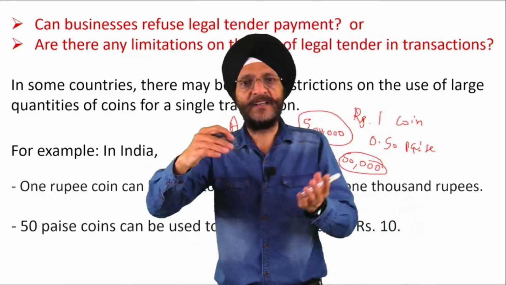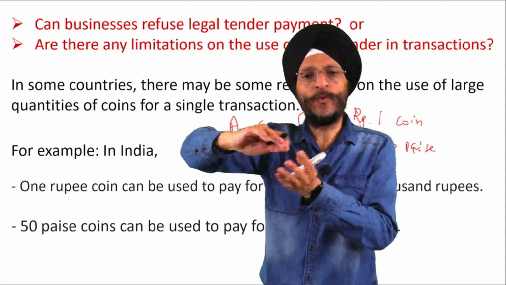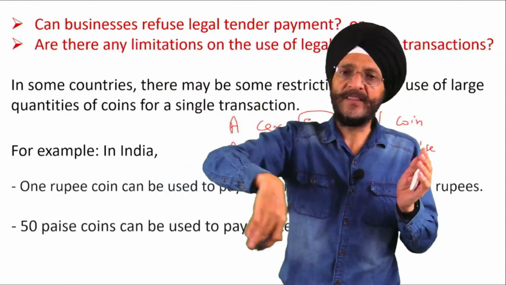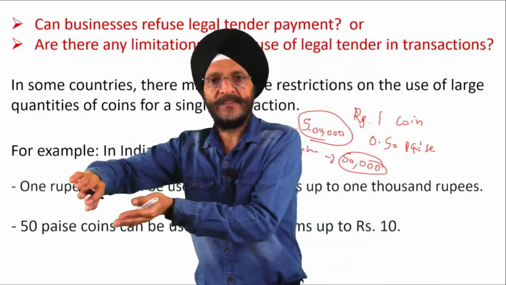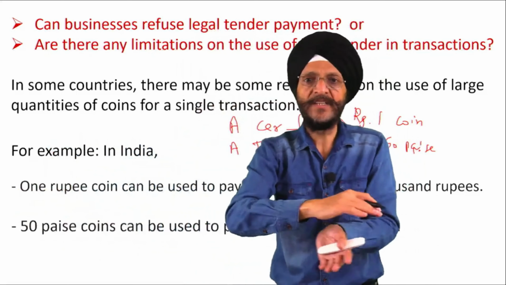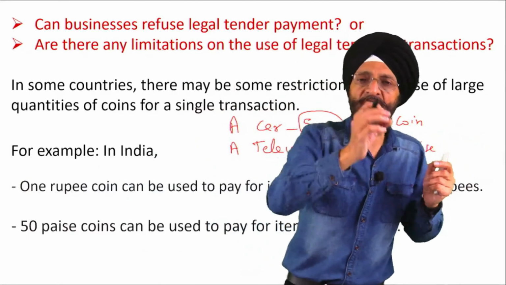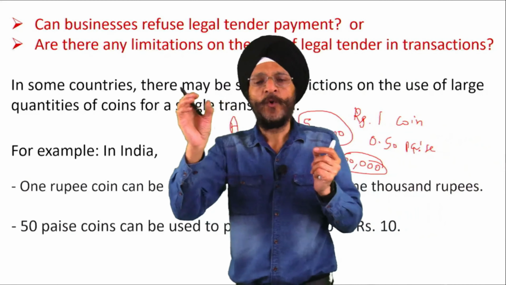Because if I purchase a car and give 5 lakhs in coins, all the employees of the seller or the dealer will become busy in counting that coins. So in certain countries there are restrictions on the use of coins of smaller denomination. So the seller can refuse to accept the smaller denomination coins, although the coins are legal tender.